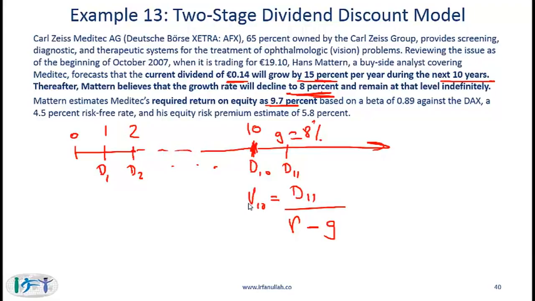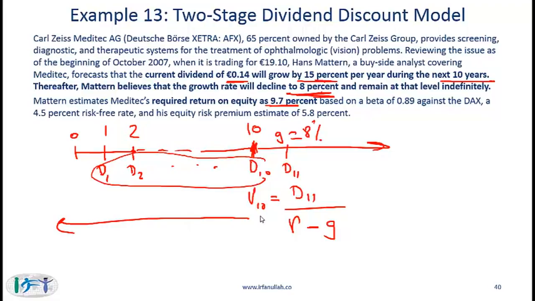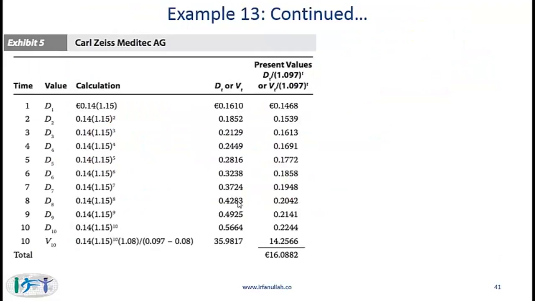And then how do you come up with the value of the company? It's the discounted value of D1 through D10, and then the discounted value of V10. So it is fairly straightforward. And this fairly straightforward calculation is shown over here. They have computed all the dividends, and then they have taken the present value of all 10 dividends.